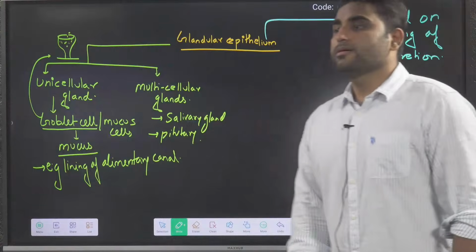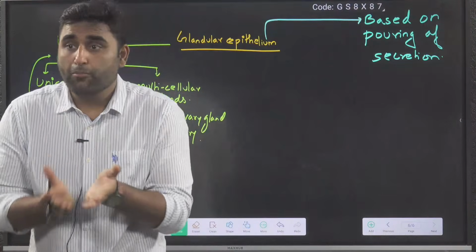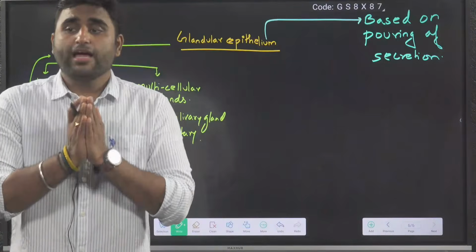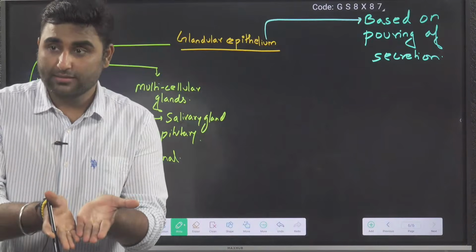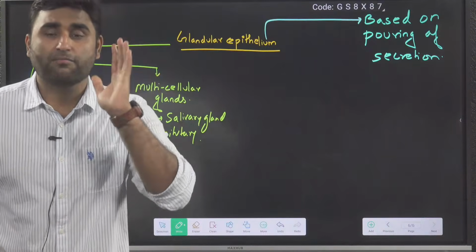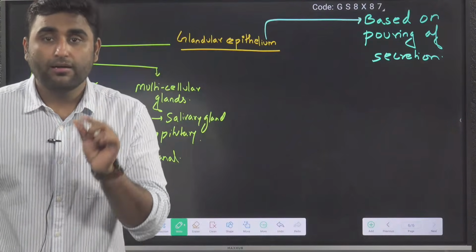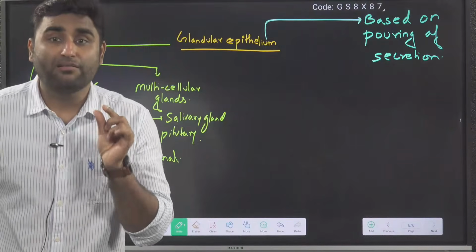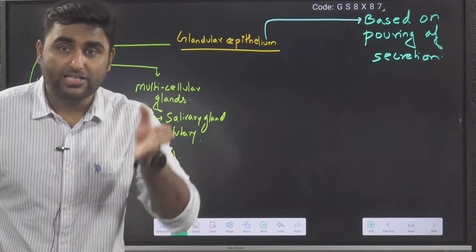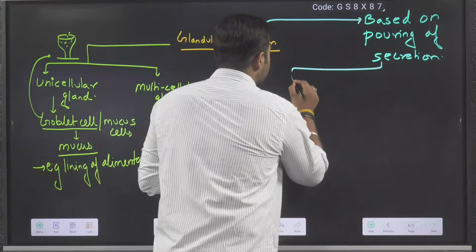Pouring means releasing. If it is released in blood, then it will be called endocrine. If it is not released in blood, then it is called exocrine. Remember, in relation to blood we are speaking. If the secretion is released in blood, you will call it an endocrine gland.